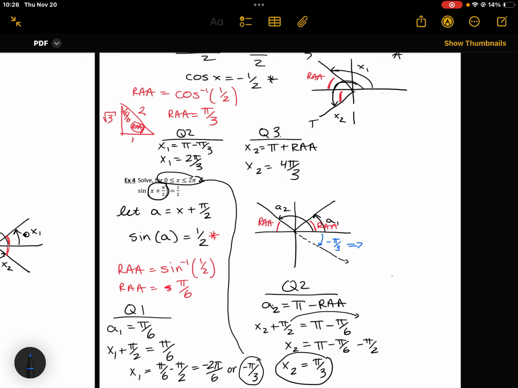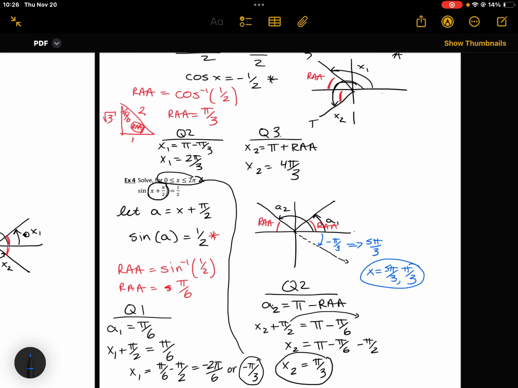I can also write this as 5 pi over 3 because I know that that's the difference between 2 pi and my terminal arm. So my final solutions are that x can equal 5 pi over 3 or x could equal pi over 3. Both of those are in my provided domain.